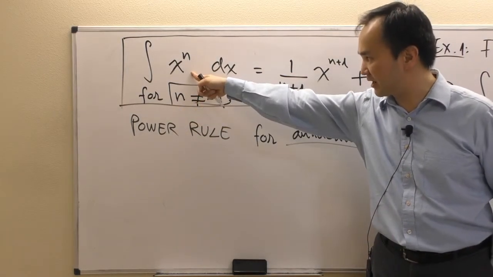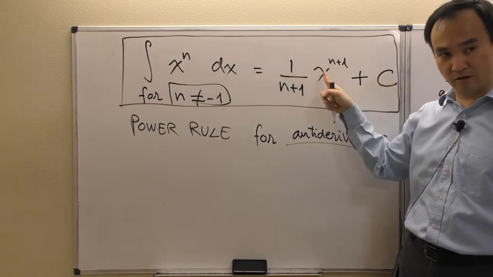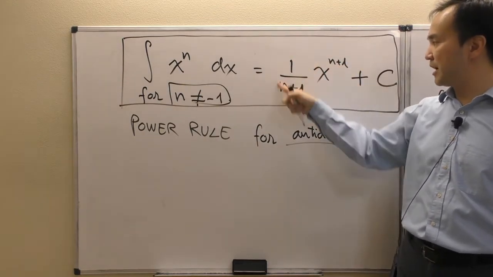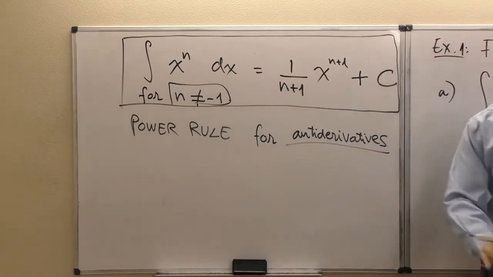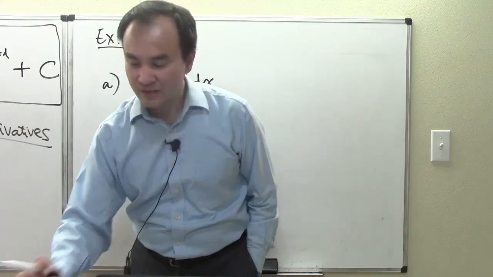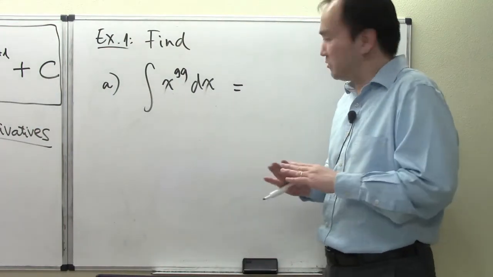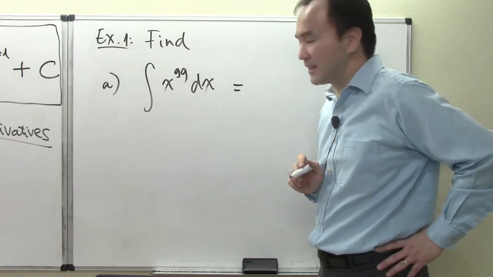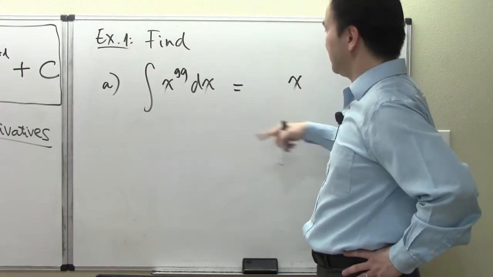See, x to the n. So taking the antiderivative, we raise the power by 1, add 1 to the power, and multiply the whole thing by 1 over n plus 1. One step, no need to shop around for anything like that. As far as written work, it's pretty simple. x to the 99 plus 1.